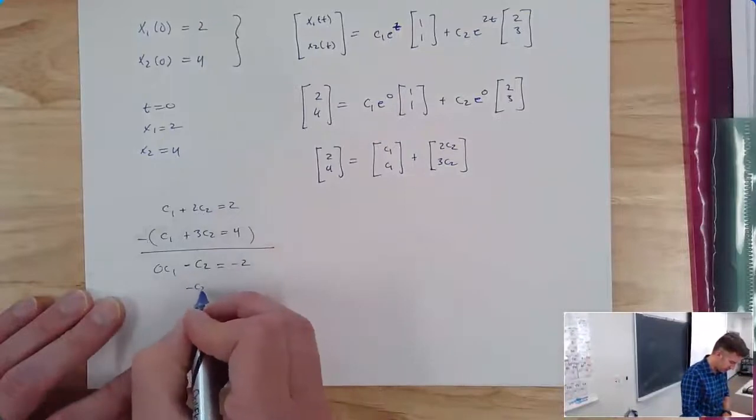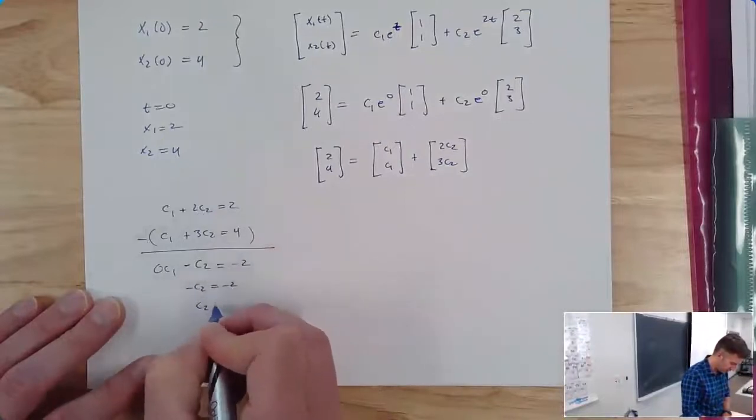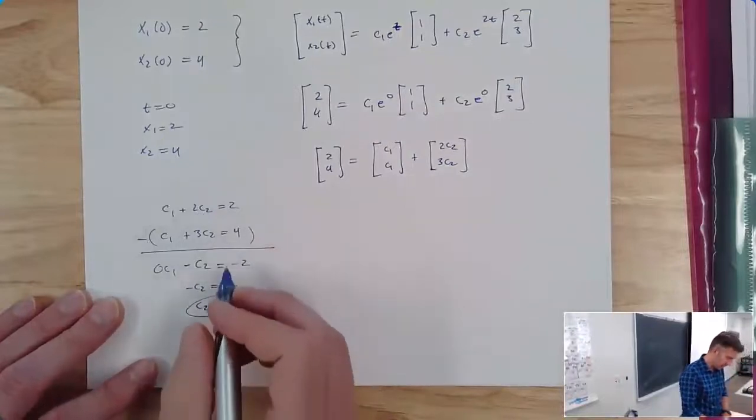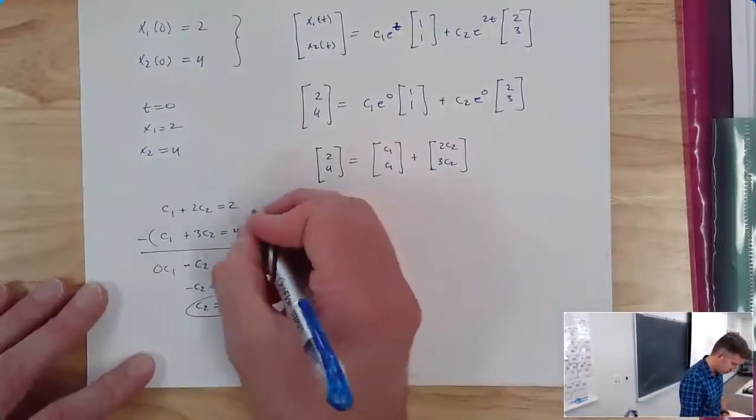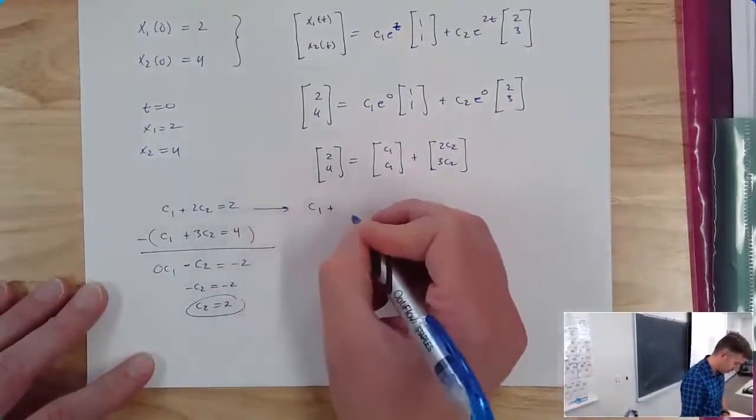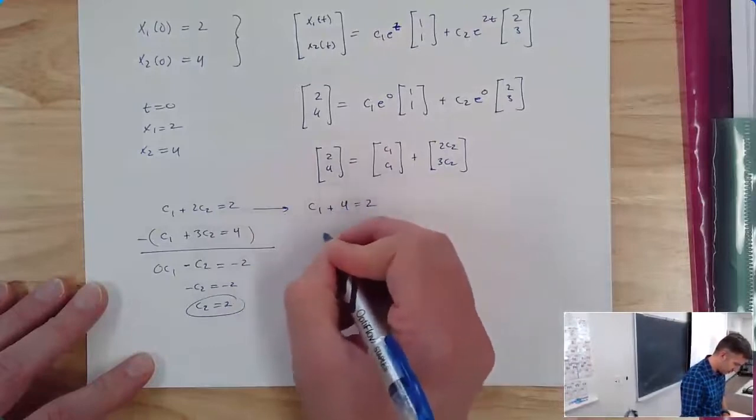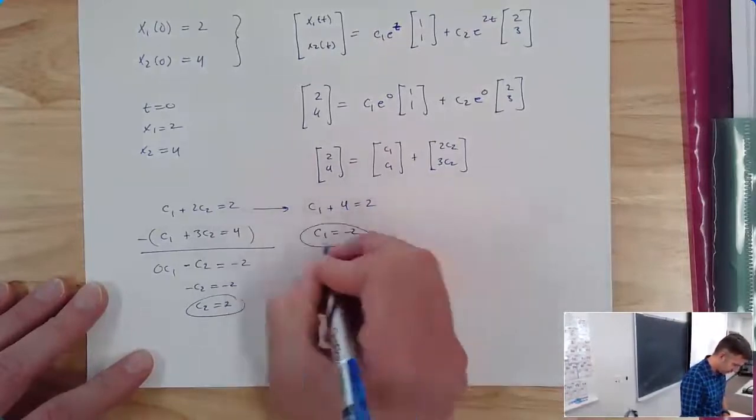So negative c2 equals negative 2, or c2 equals 2. Then plugging that back into either equation, c1 plus 2 times 2 equals 2, so c1 equals negative 2.